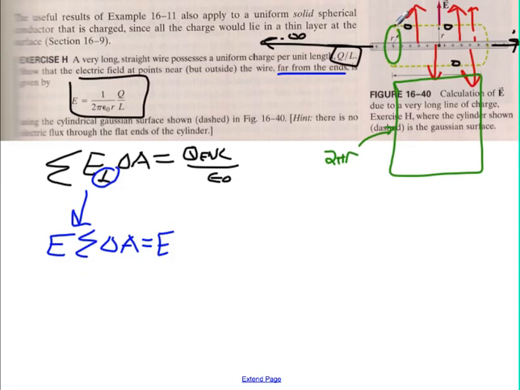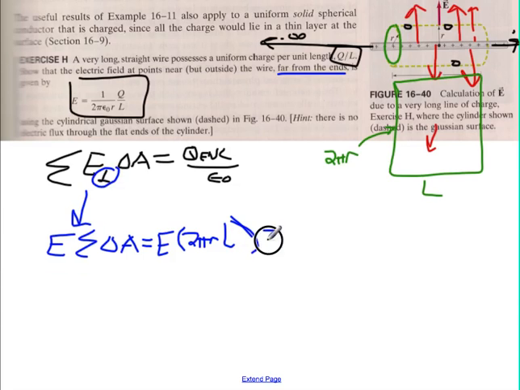And then we've got the length of the wire right there. So that's going to be 2 pi r L, because those flux lines are going through all of this part. They're coming out kind of like out at us, if you can imagine that being straight up. I can't draw up, unfortunately.